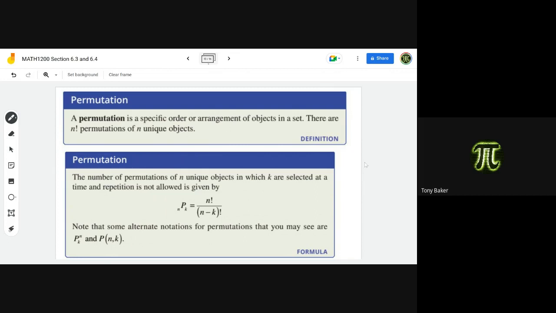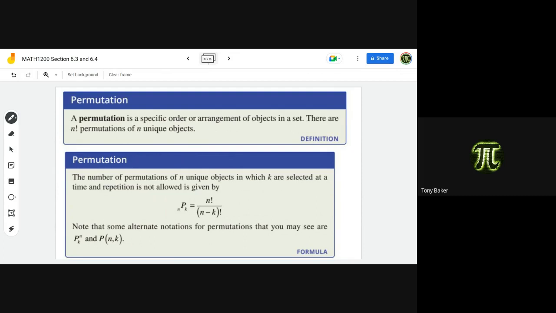The only difference between them is order. Okay. If order matters, then it is a permutation. If order does not matter, it is a combination.